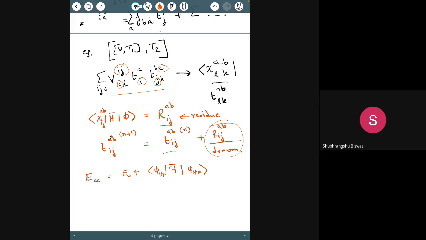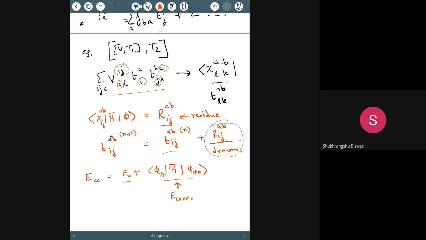Okay. This is the Hartree-Fock energy plus this. So this is basically the correlation energy. So this is what you get eventually.